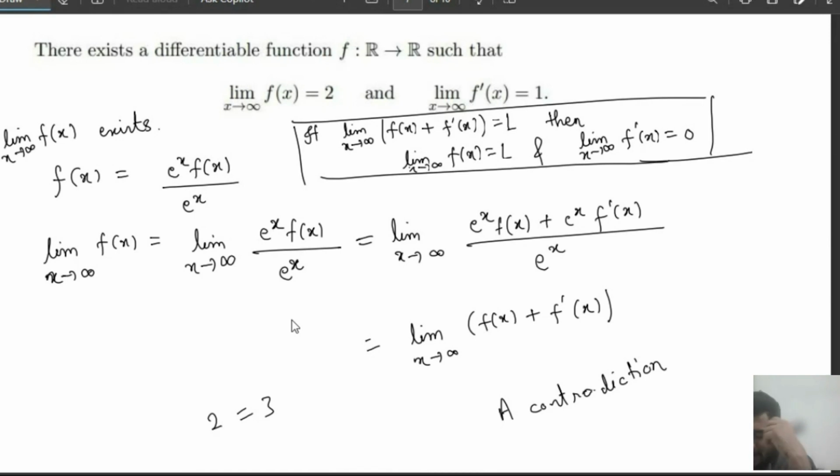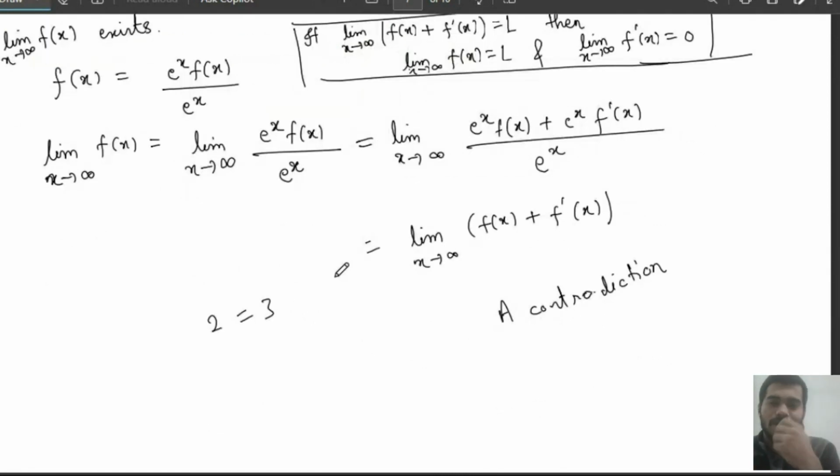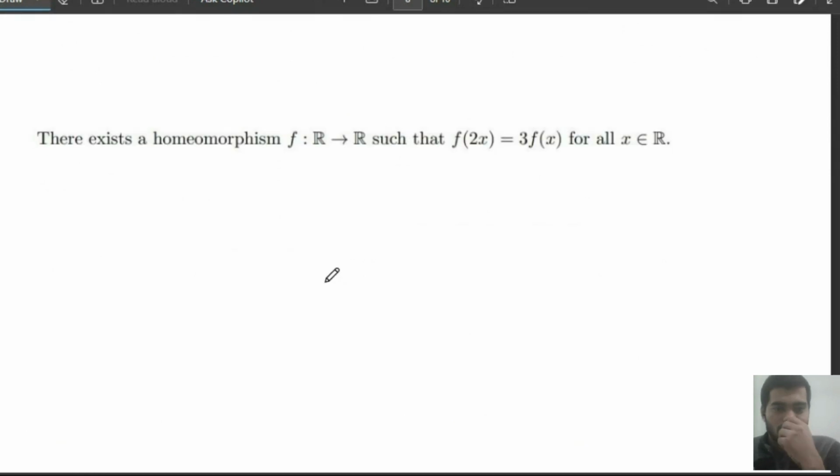And I think almost 7 to 8 problems till now TIFR asked based on this observation. So maybe this time also, nobody knows.